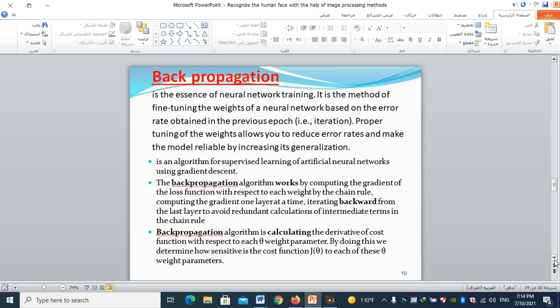The backpropagation algorithm calculates the derivative of the cost function with respect to each theta parameter. By doing this, we determine the sensitivity of the cost function J(theta) to each of these theta weight parameters.